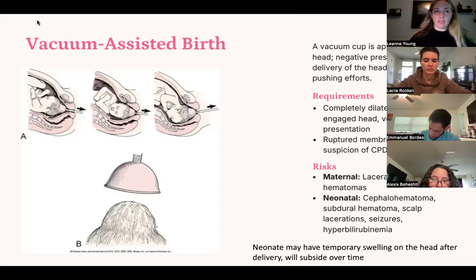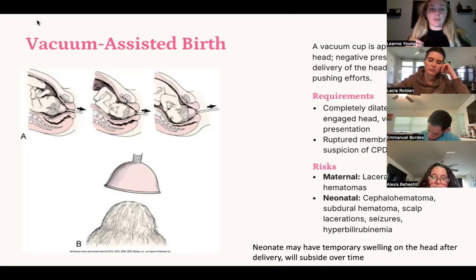If mom isn't fully dilated and they suspect she needs an assisted delivery, we're probably going to have a C-section. The head needs to be engaged. It needs to be vertex, so we're not going to do a kiwi on a breech delivery. Mom's water needs to be ruptured, and there should be no suspicion of cephalopelvic disproportion.